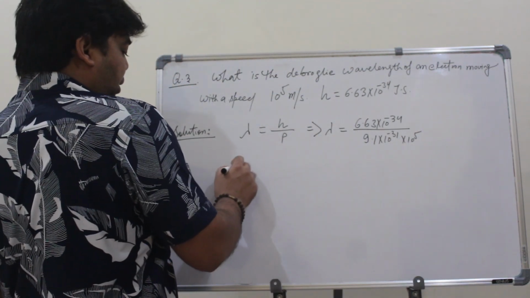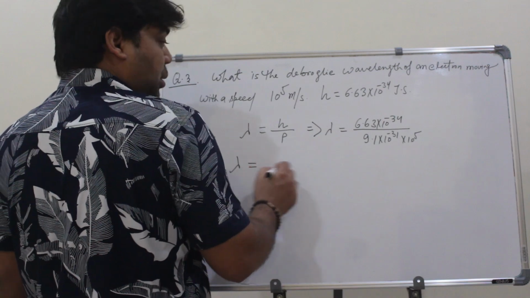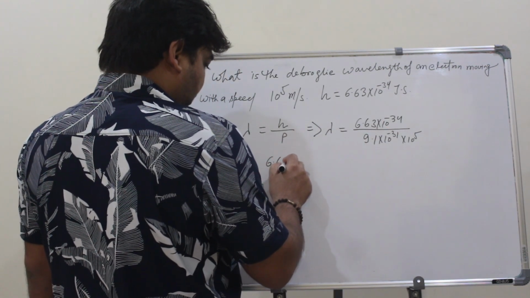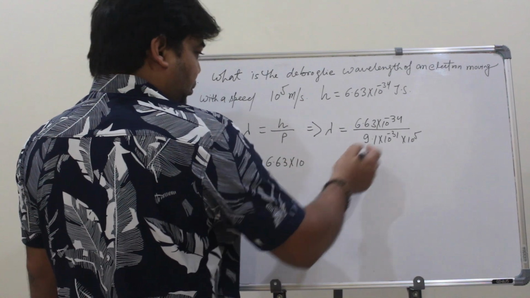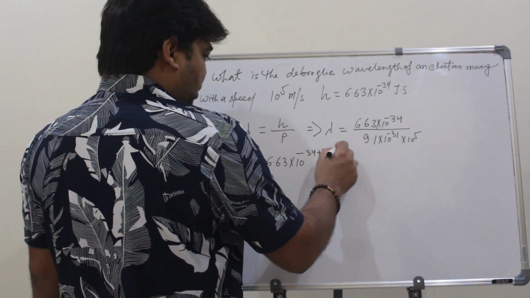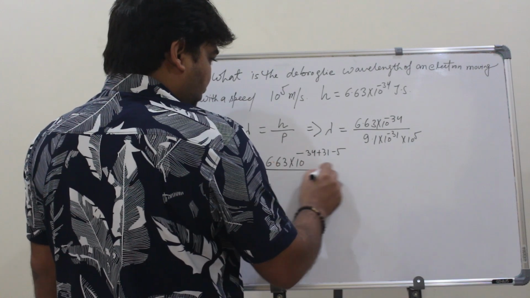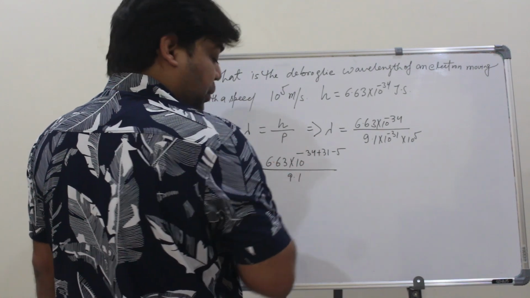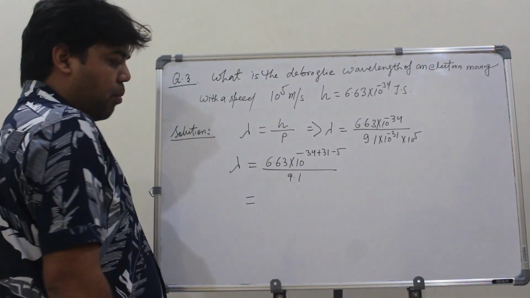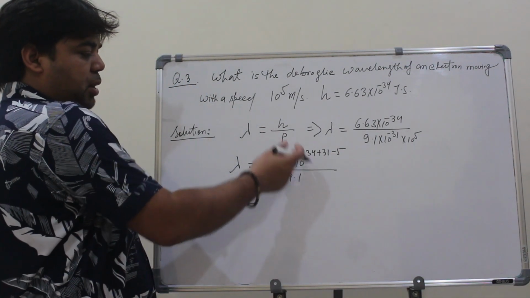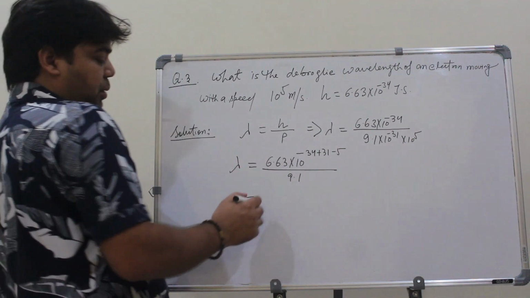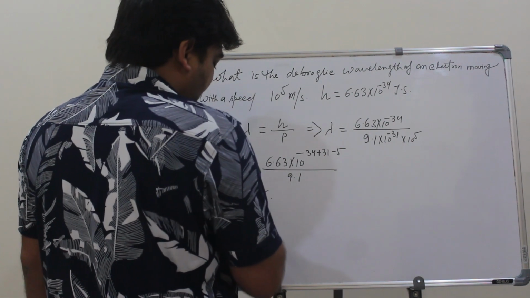Now let's simplify it to calculate lambda. It is 10 to the power minus 34 plus 31 minus 5, divided by 9.1. When you simplify it, you will get it a little higher because 9 is close to 10. It will be somewhere like 6.8 or 6.9.